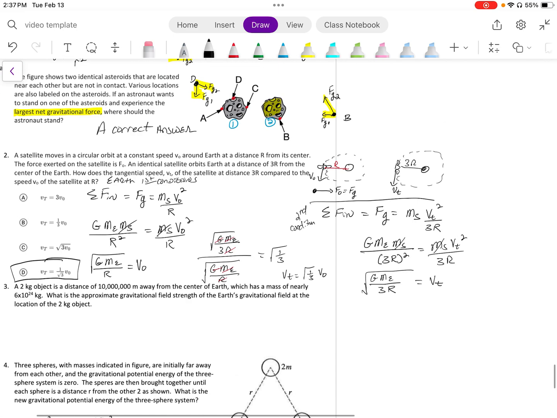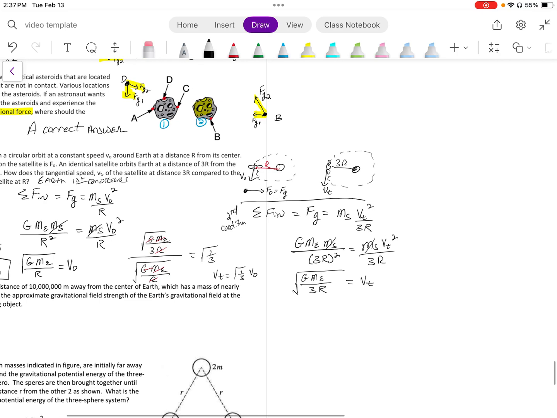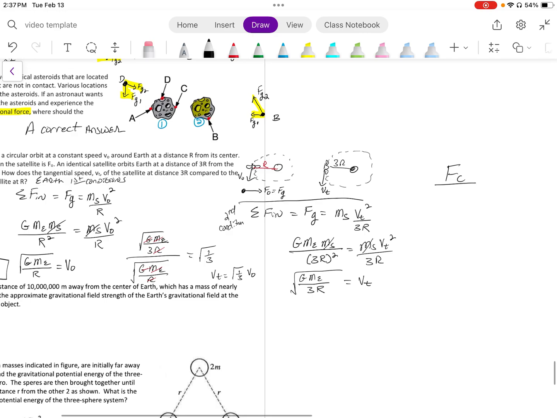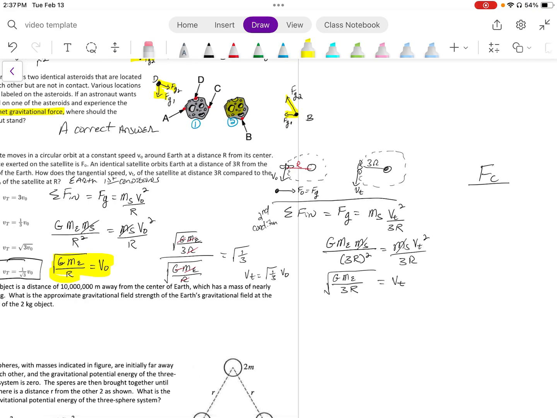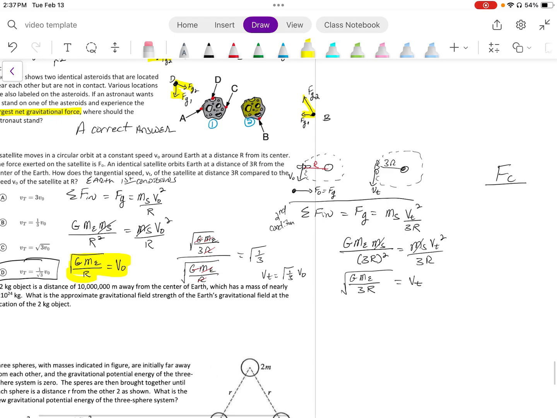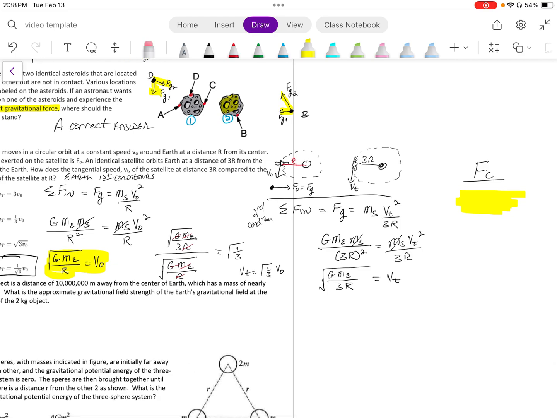Now there's an easier way, and it's called factor of change. Once you have an equation, there's a whole video and a handout on how to use the factor of change. Once you know the equation for the variable we're interested in, which is the tangential velocity, which I just highlighted in yellow, I'm going to look at each one of those variables.